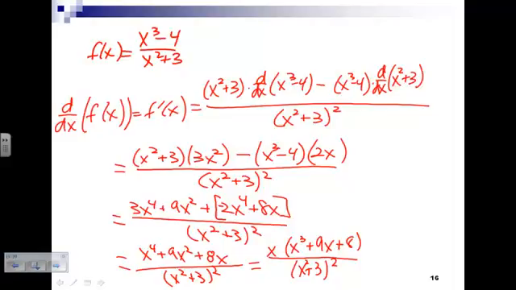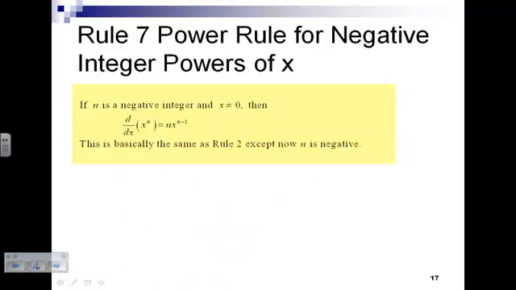Okay, are we good? So much for derivatives; on Monday, there's a shortcut, the power rule for negative integers of x. It's the same thing. We're on slide 17 of 20, so almost.